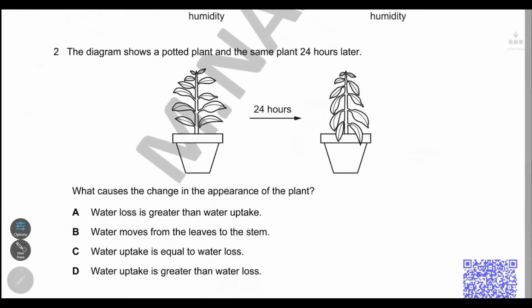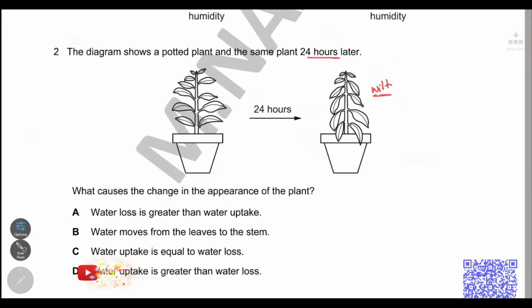Again, transpiration. The diagram shows a potted plant and the same plant 24 hours later. What causes the change in the appearance of the plant? Of course, this is the plant before and this is after. The plant is withered, or it wilts. So, what causes the plant to wilt?